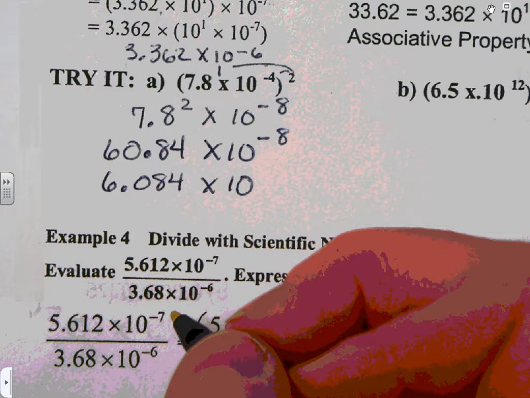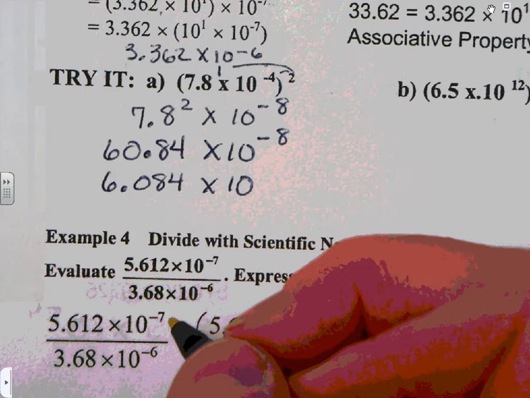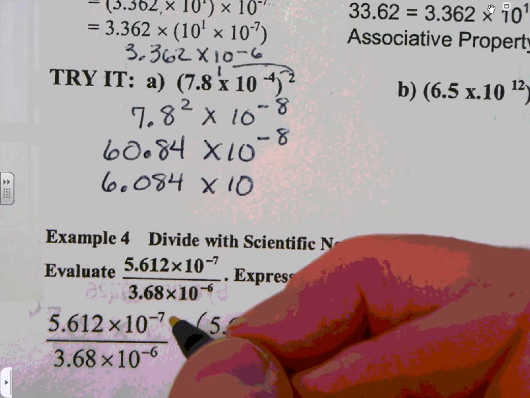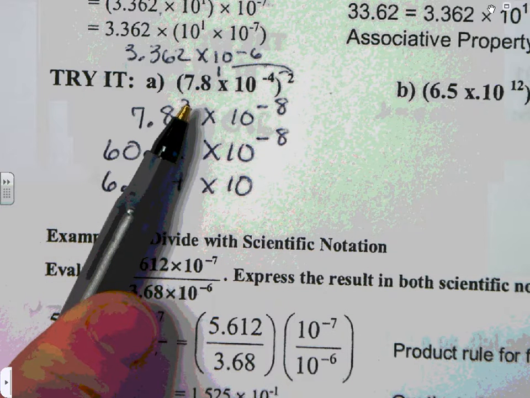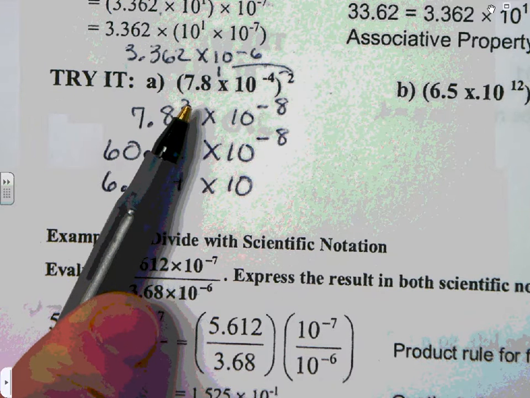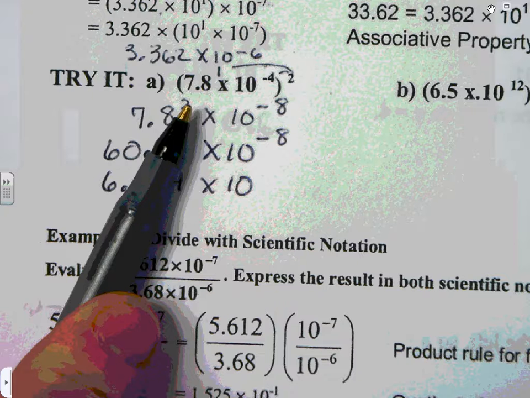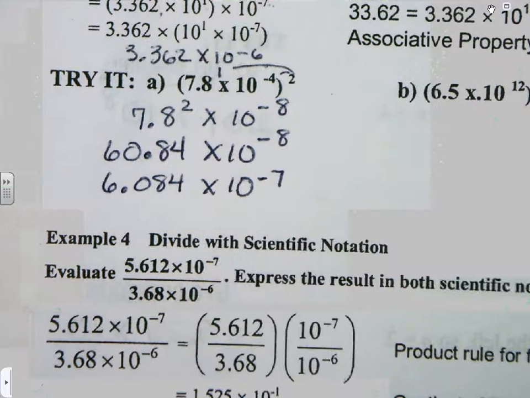This is where the negative exponents, be careful. Negative exponents are opposite of what you think, okay? You had a 60 and you needed 8 of them. You turned it into something much smaller, a 6, so you're going to need more of them, right? What is one exponent bigger than a negative 8? Negative 7. Good job. Does that kind of make a little bit of sense? Okay, try the next one.